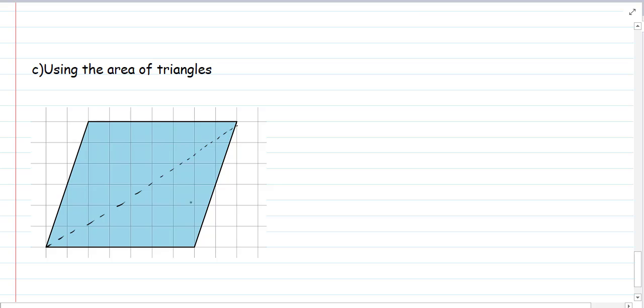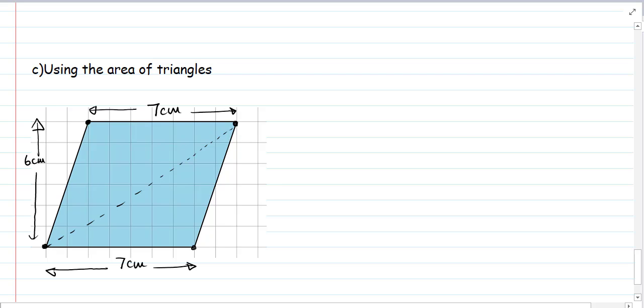Here now I can have two triangles where this length is 7 centimeters. Here the same answer. And the vertical distance between these 2 points is 6 centimeters. Right? Here same.